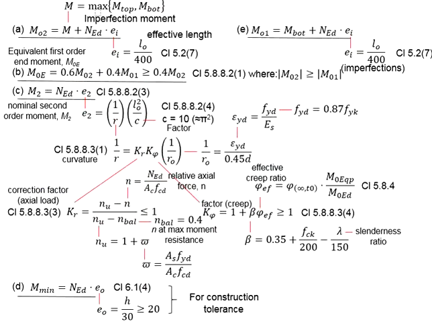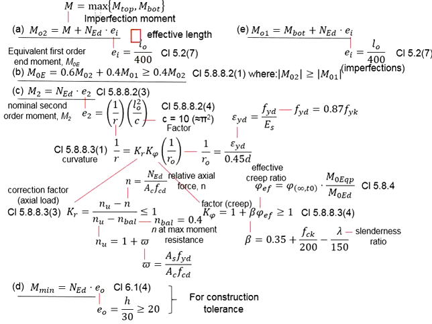Try not to confuse it with the other eccentricities, since there are three types of eccentricity in the equations. We have ei, we have e2, and we have e0. ei is calculated on the basis of the effective length. It is calculated by dividing the effective length by 400.